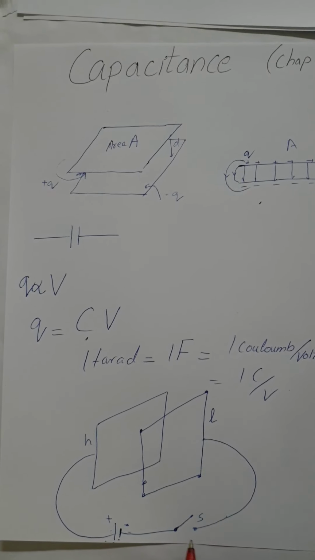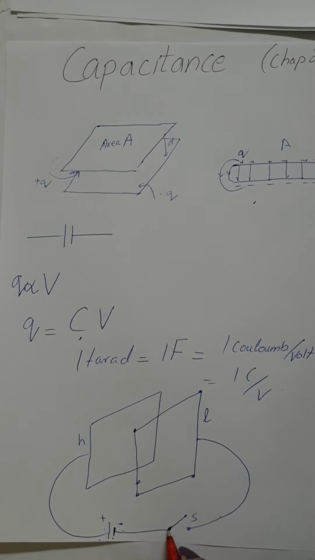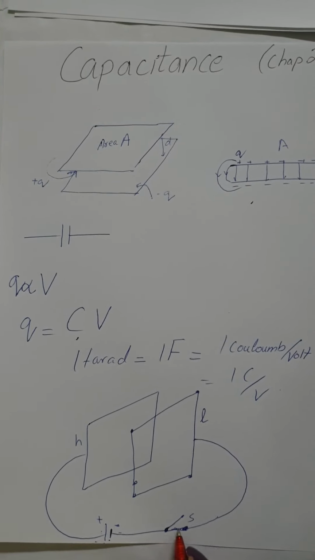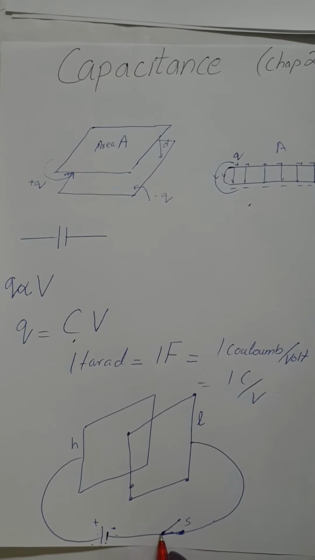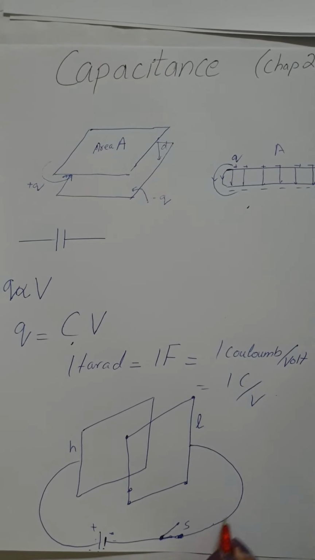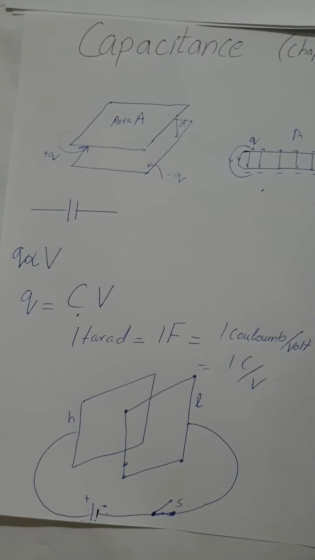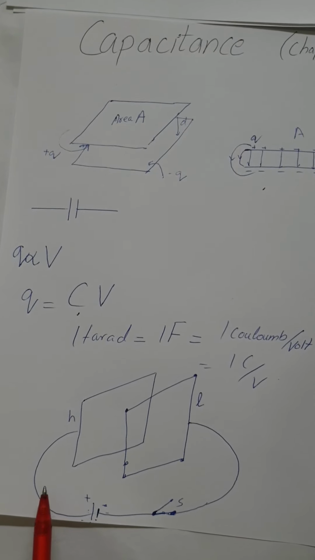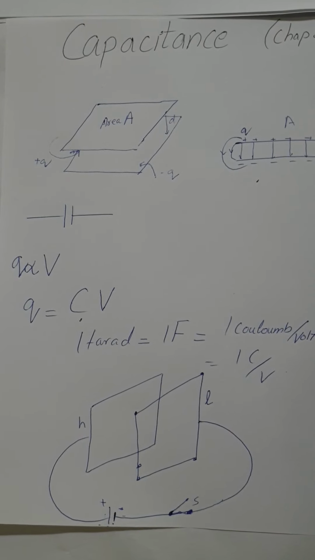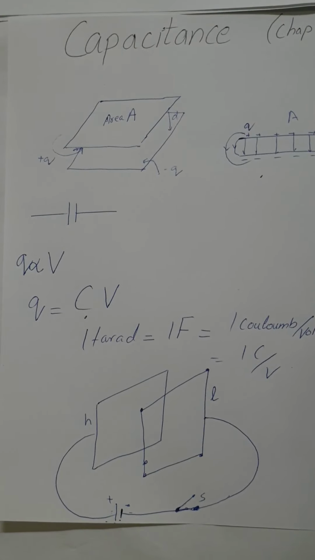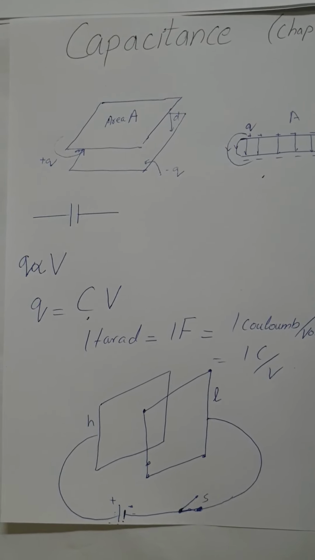When the switch is closed, let's move it here, now it is closed, it will connect the wires electrically and complete the circuit. We know that charges can flow in a conductor. When the circuit is completed, electrons will move through the wires by an electric field that the battery sets up.